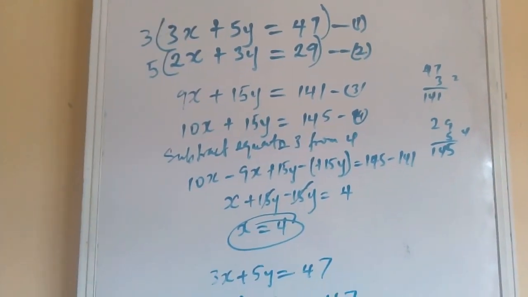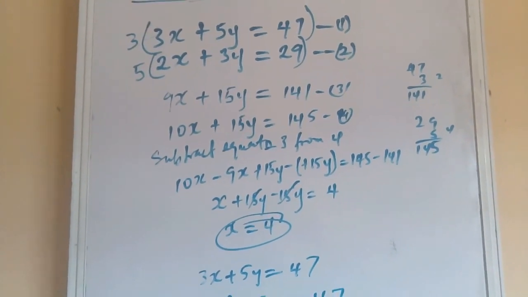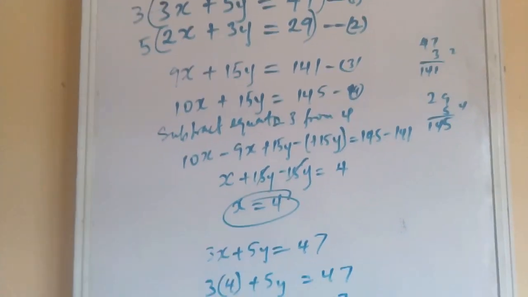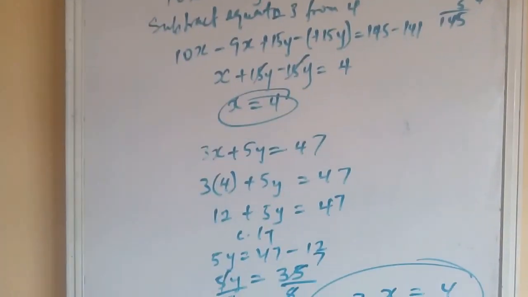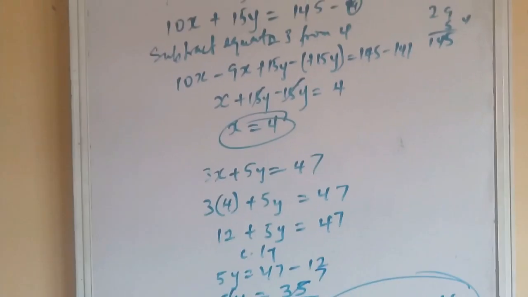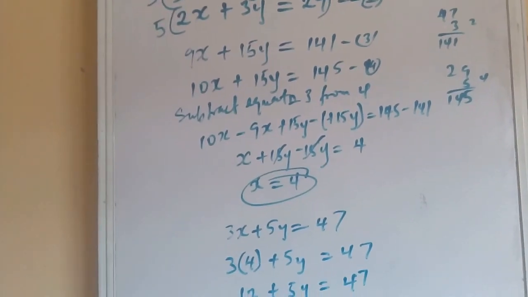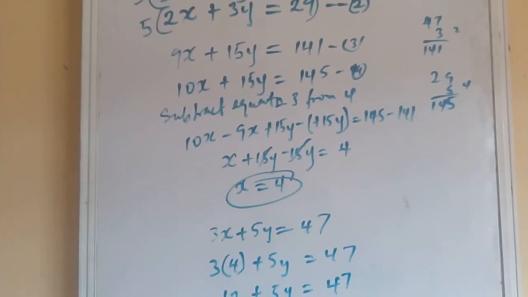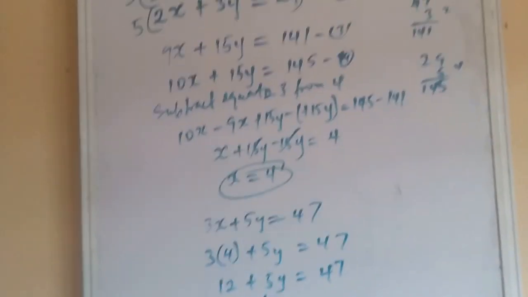You subtract when you have the same signs, and you add when you have different signs for the coefficients. If you do it correctly like this, you will get the correct values of the variables. Then you can check by taking the expression on the left hand side and checking if you get the numbers on the right hand side.